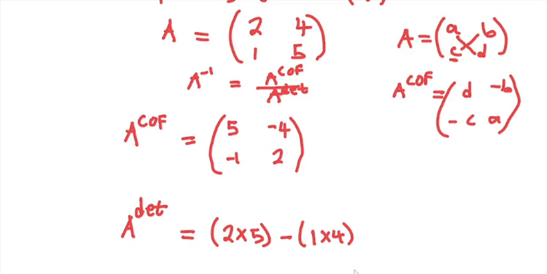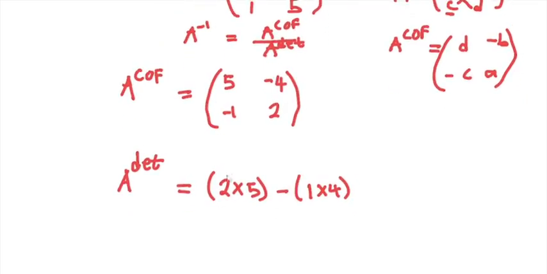That is how we find the determinant of a 2 by 2 matrix. Remember that matrix A is a 2 by 2 matrix. So the determinant of A is 10 minus 4, which gives us 6.